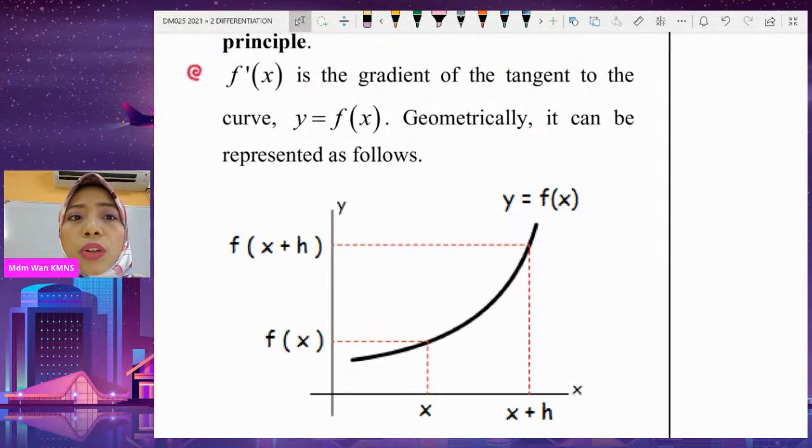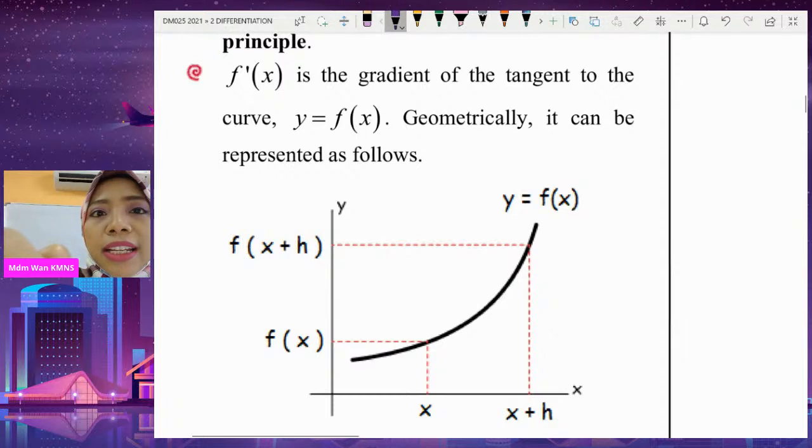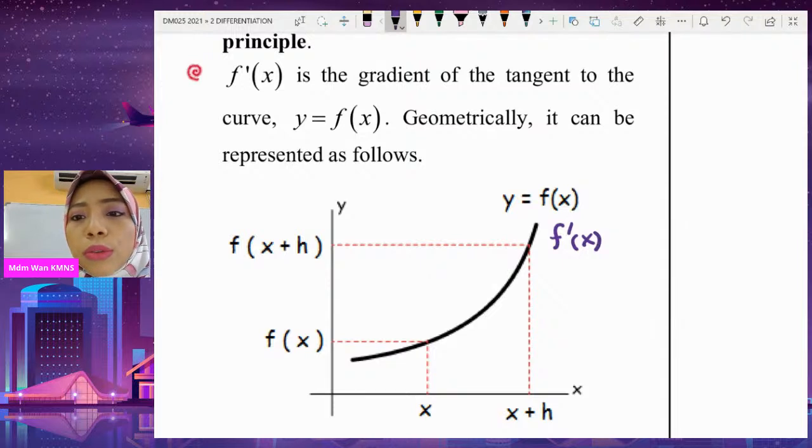So f prime of x, the gradient, before this we said that f of x. Let me make everything bold so it is easier to see. Right now in purple. So the gradient f prime of x is also equal to m.